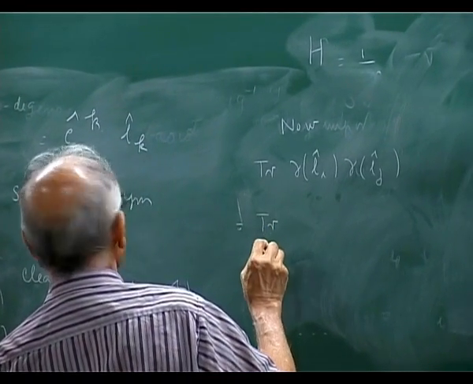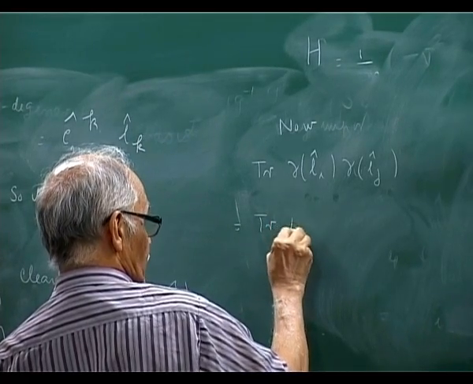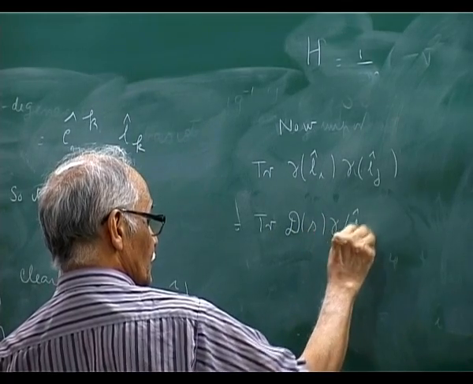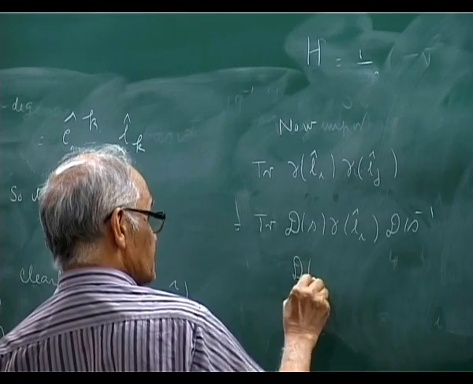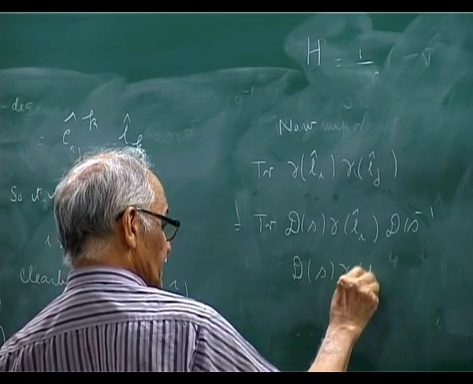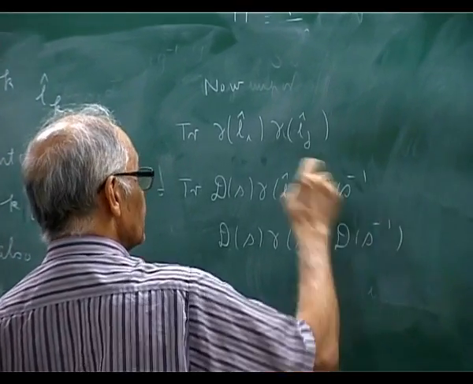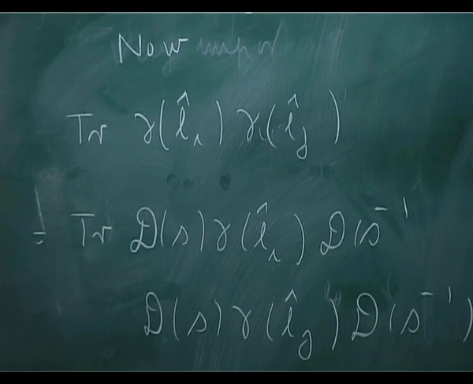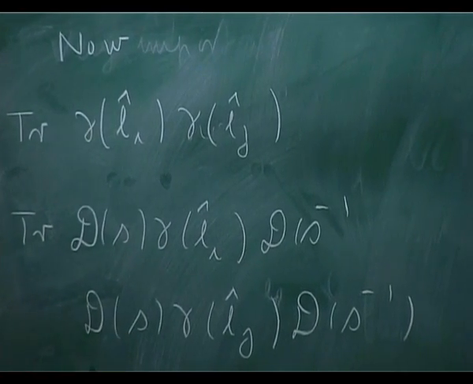Let me call it DFS gamma L hat i, DFS inverse, DFS gamma L hat j, DFS inverse, in some representation. Gamma is some representation, this exponentiated representation, and this equation is true.